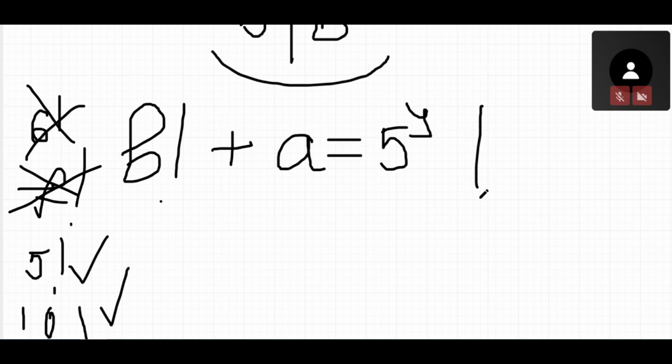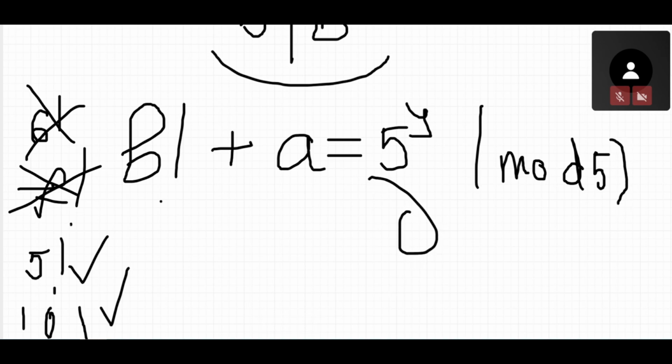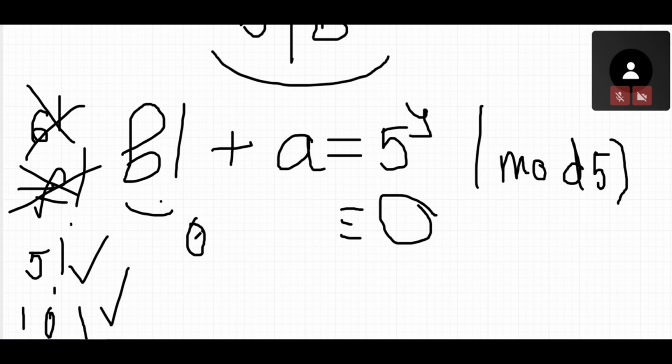Let's look again at mod 5. This part, b factorial, will again give us 0. It is equivalent: b factorial gives 0 plus a.